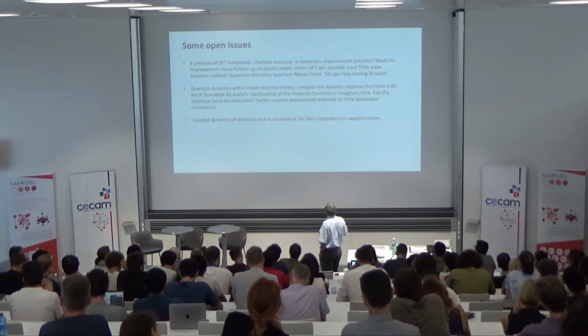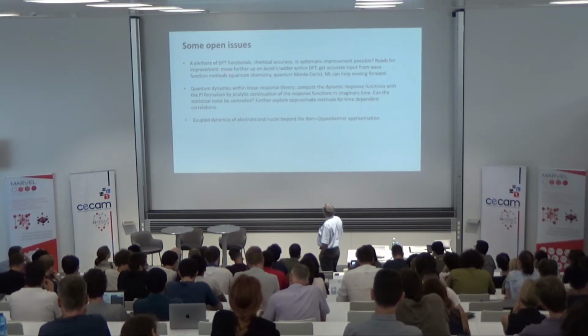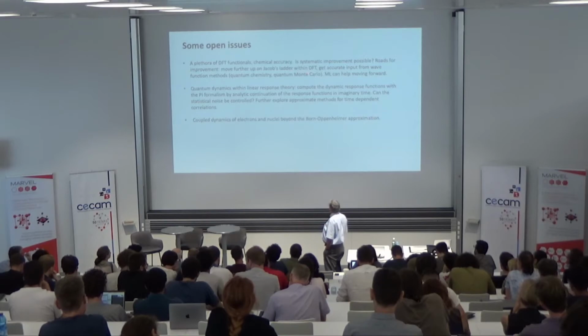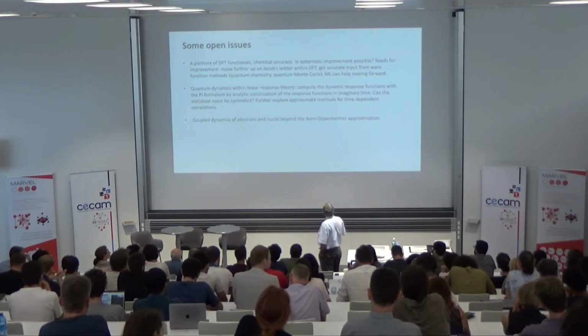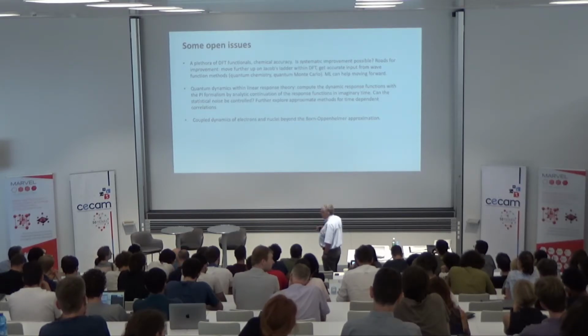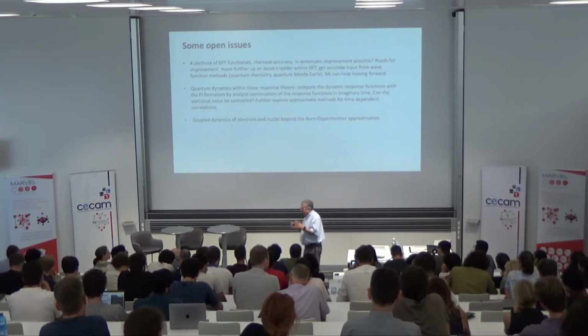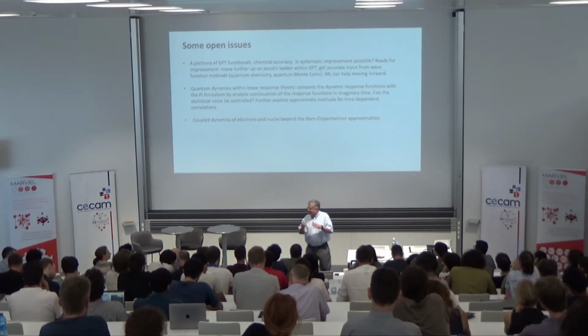There are some roads that one may follow, move further up on Jacob's ladder within DFT, so going to higher order DFT approximation. But again, I'm a little skeptical about all this DFT.